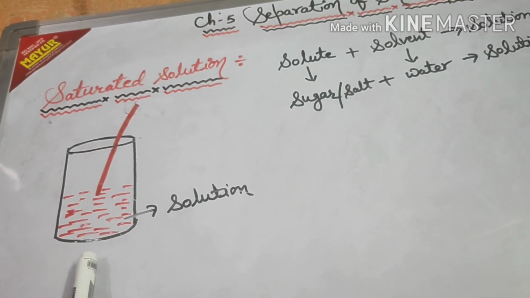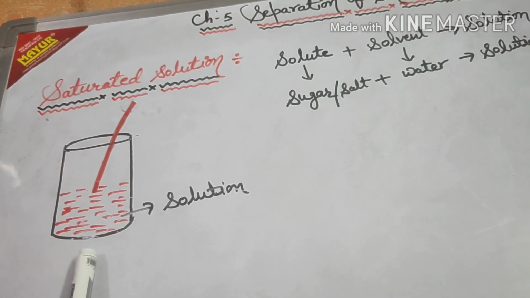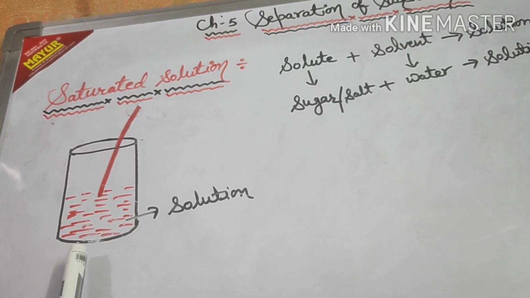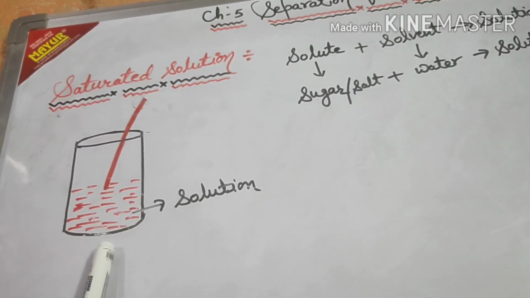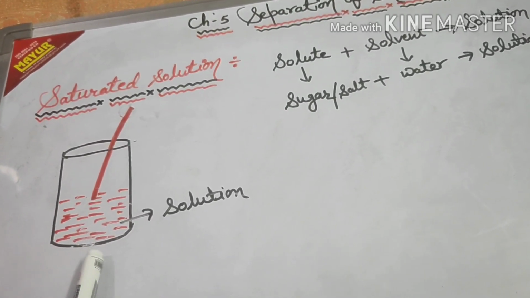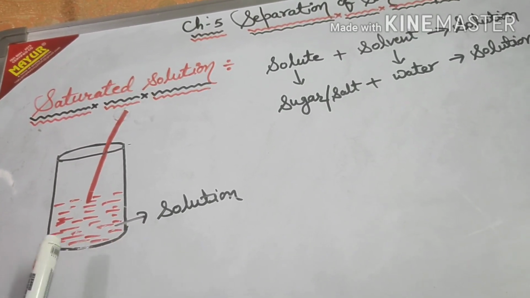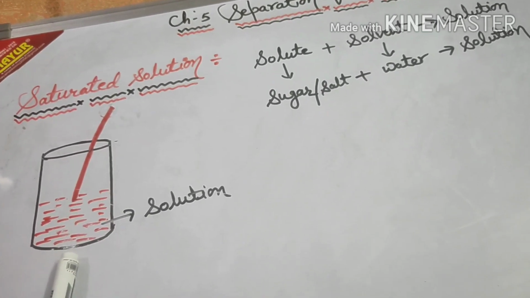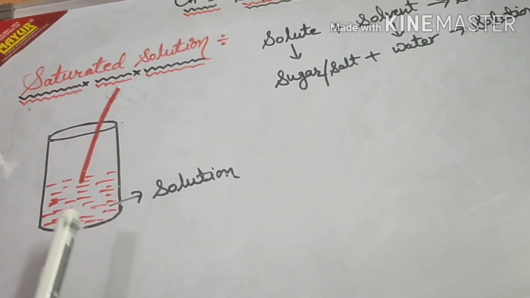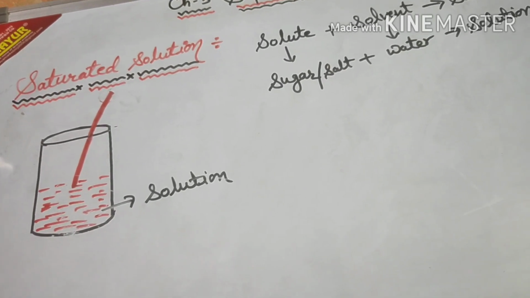The salt gets settled down at the bottom. So that is the concept of saturated solution. The stage at which no more solute can be dissolved into the solution is known as the saturation point.